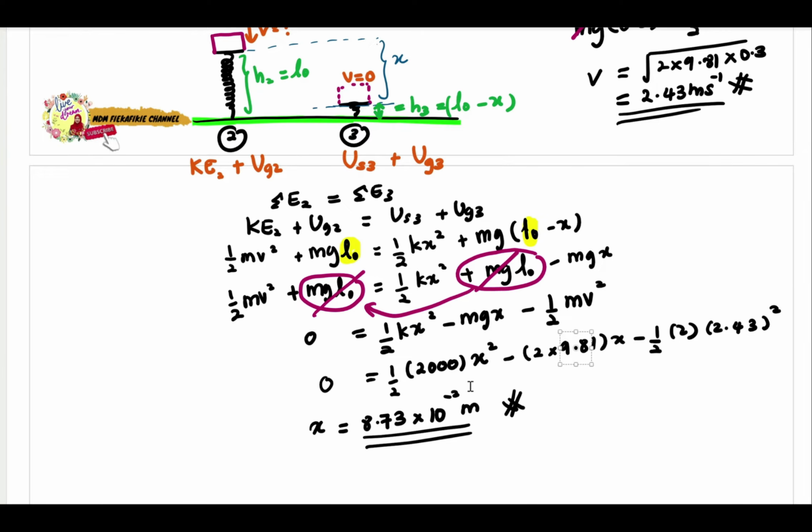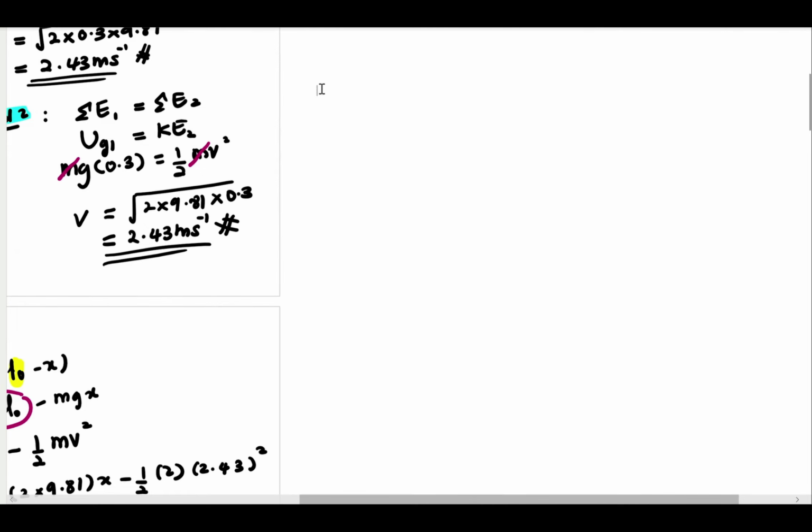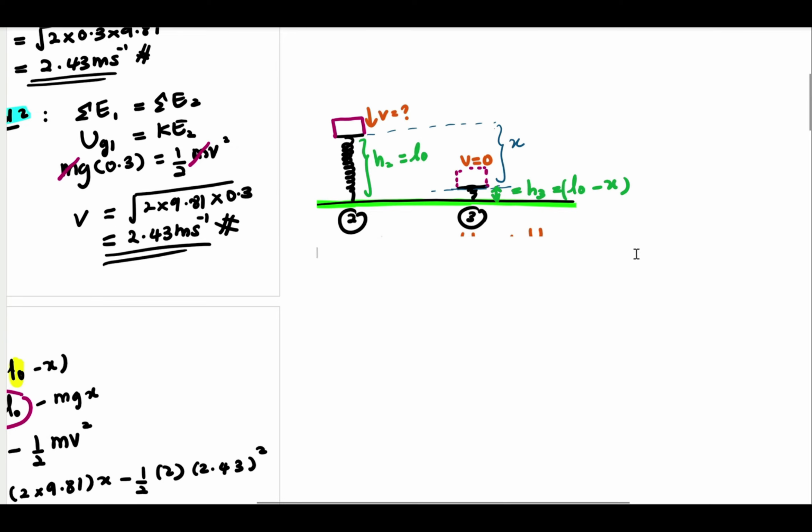Jadi boleh tak kita nak guna method yang kedua? Boleh, tak ada masalah. Kalau kita nak guna method yang kedua, kita punya reference line kita, sekejap saya... Let's say you nak guna method yang kedua. So kita buat line sikit.